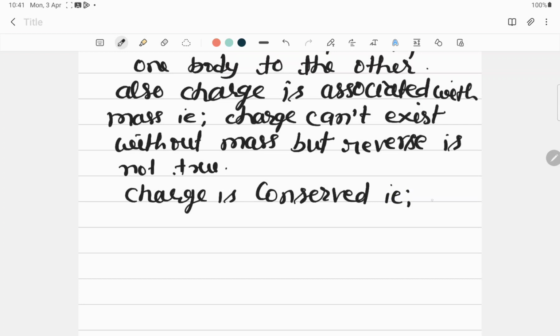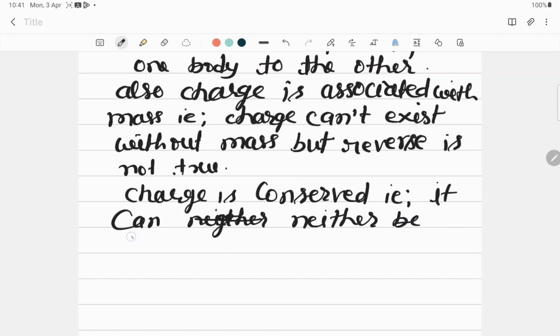That is, it can neither be created nor be destroyed.